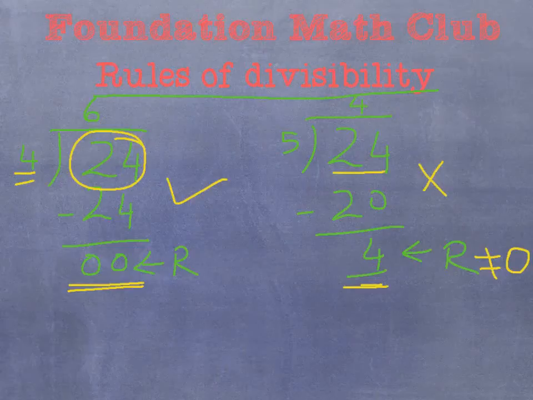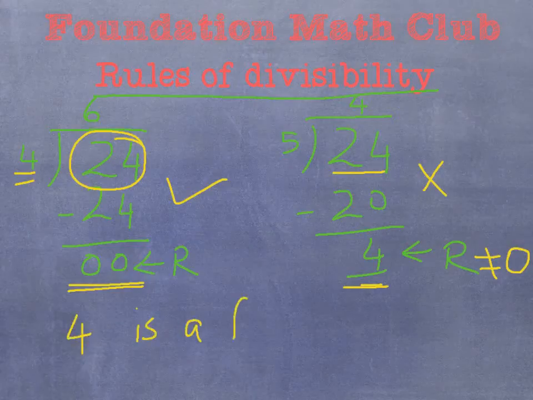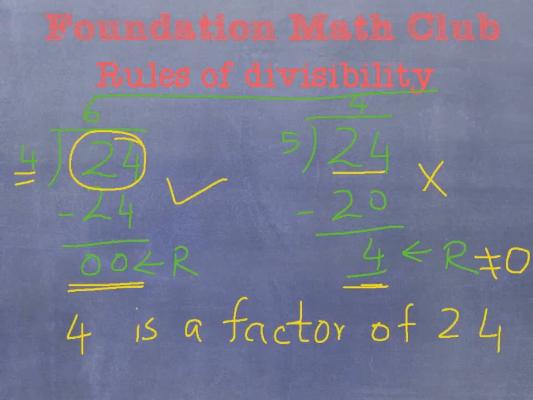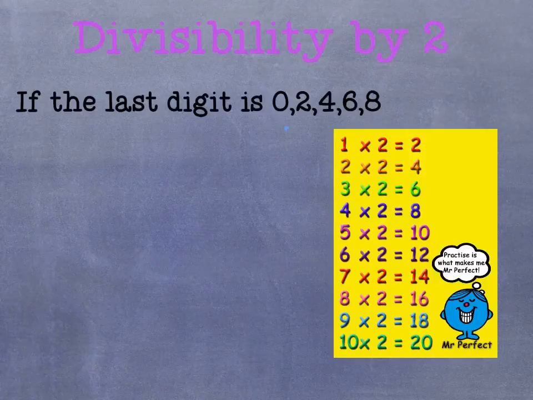So for a number to be divisible by the other number, we have to get the remainder as 0. In other words, I can say that 4 is a factor of 24.